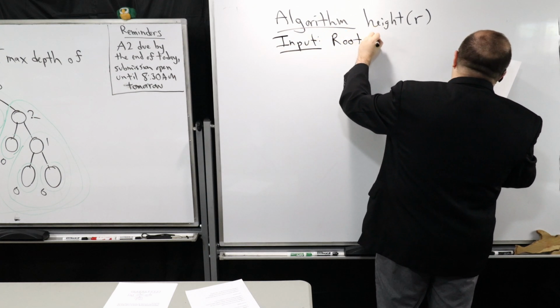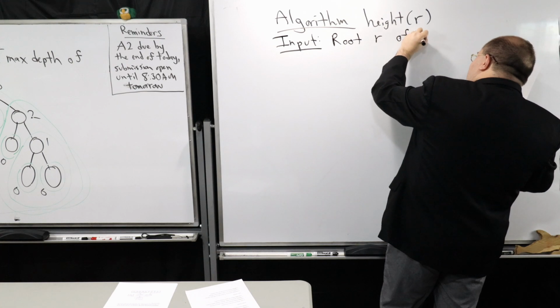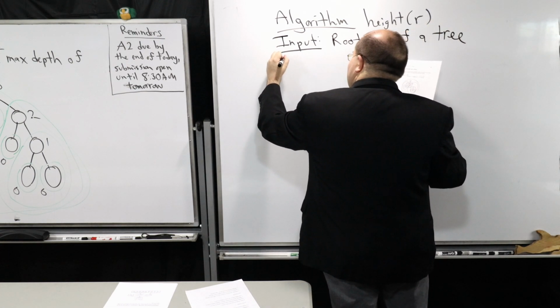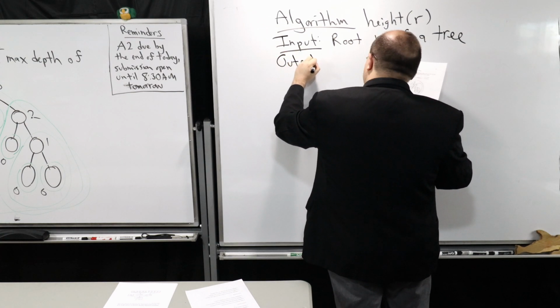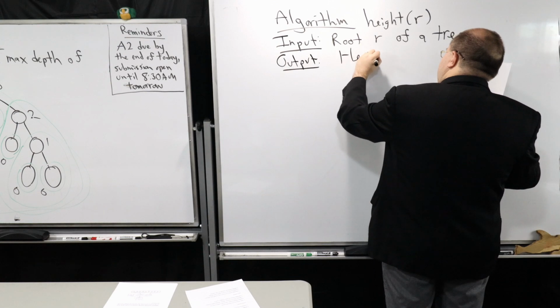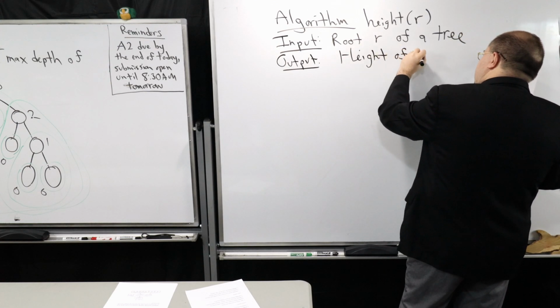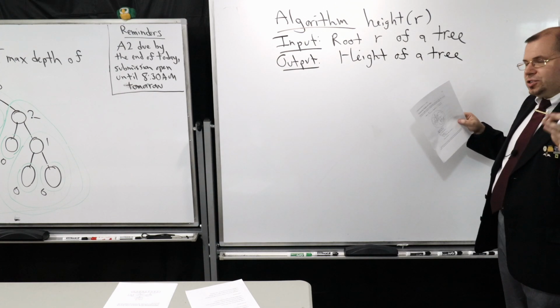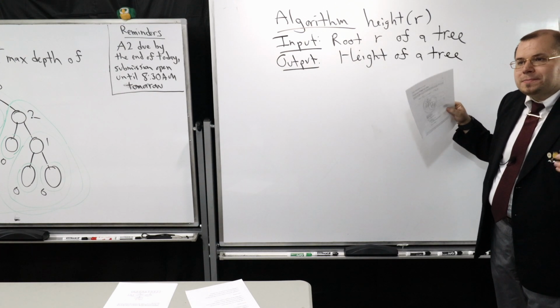The input is going to be root R of a tree, and the output is going to be the height of a tree. Technically speaking, it is the height of the tree rooted at R.